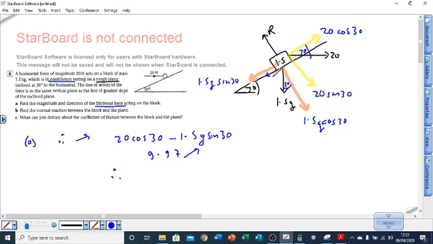So we need this to oppose it. Therefore friction is 9.97 newtons. It has to be that, and it acts down the slope.